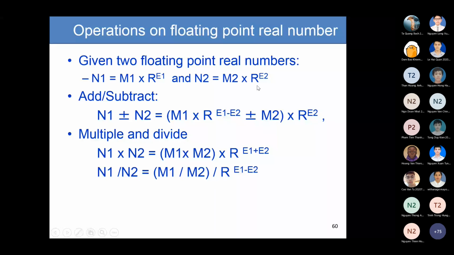So we can add or subtract floating point numbers. So n1 plus or minus n2 equals this one, and also multiply and divide. This formula, I think you studied already in high school.